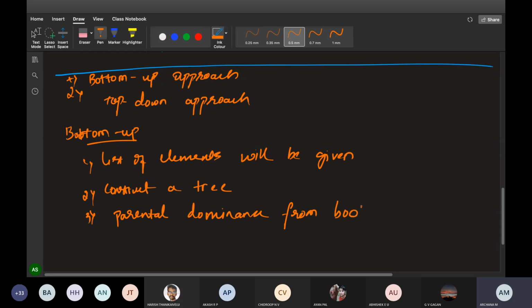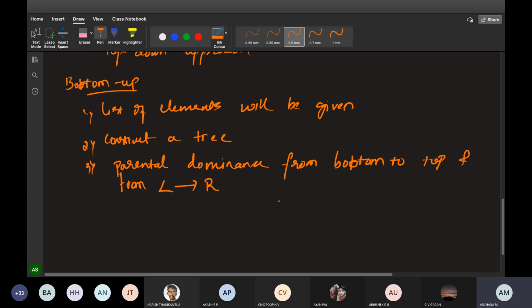This is very important. From bottom to top and from left to right. This is very, very important. These are the three important things you have to see.